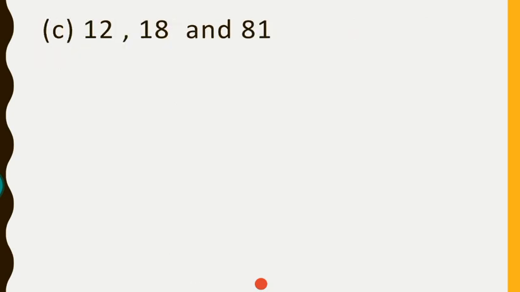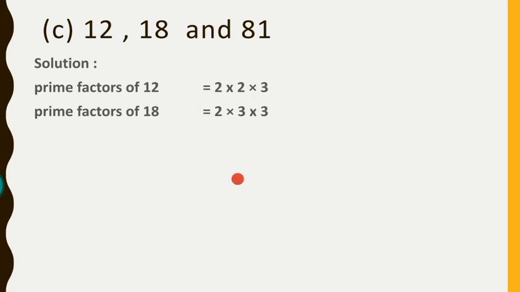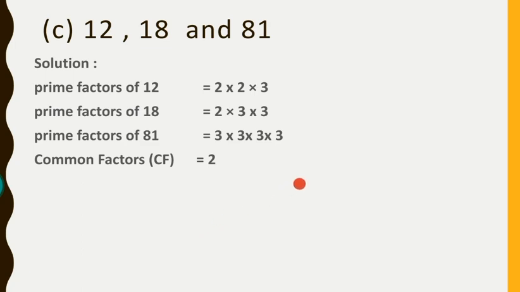Okay, in part C, 12, 18 and 81, we have to find the LCM of these three values. First of all, taking prime factors of 12, prime factors of 18 and prime factors of 81. Okay, you can find these prime factors in rough work. So what are the common factors? Common factor is 2, just 2.